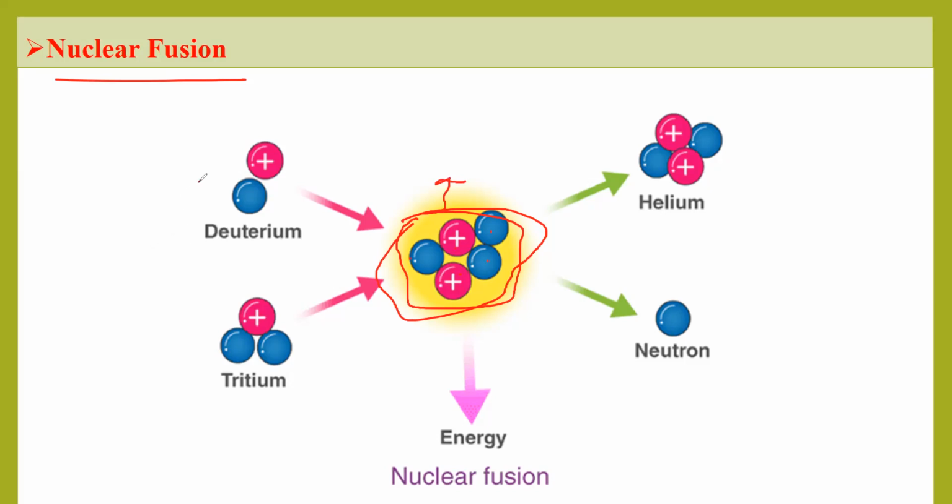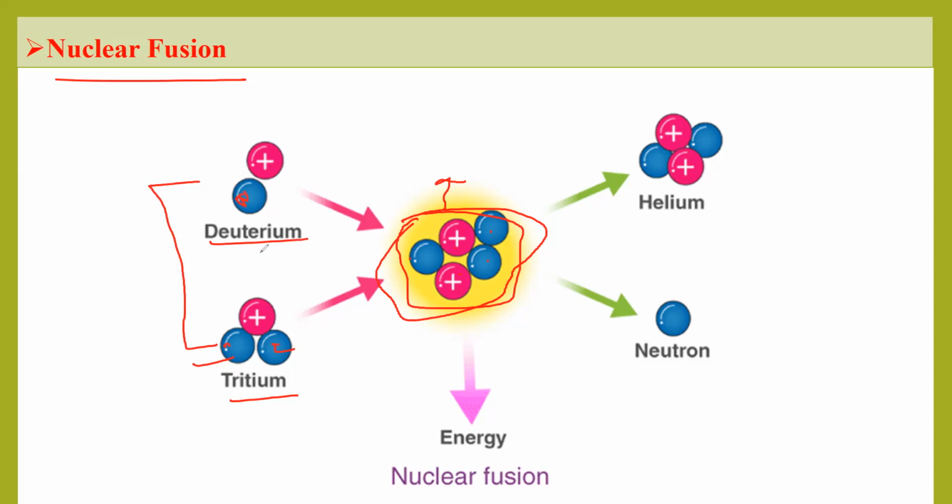Initially, in nuclear fusion reactions, there are two small nuclei. For example, the first is deuterium and the second is tritium. Tritium has two neutrons and one proton. Likewise, deuterium has one neutron and one proton.